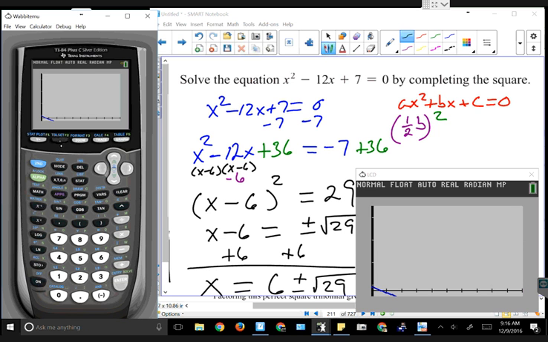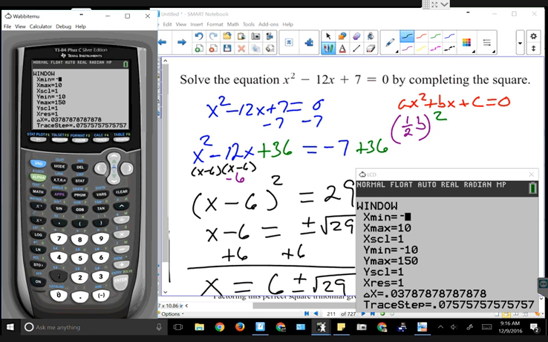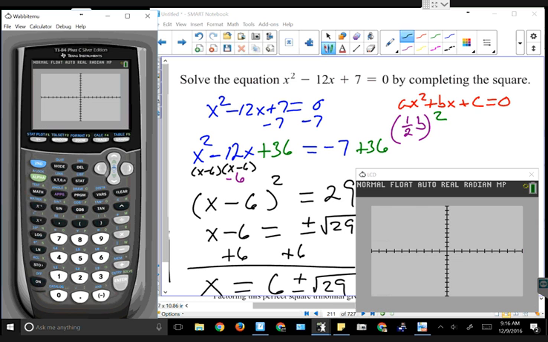Window, negative 10. Okay, the graph comes back up again, and I see this here. Mind you, I'm only worried about where it actually hits. I've got one over here. I don't see the other one, do I? By the way, what would be the square root of 29?